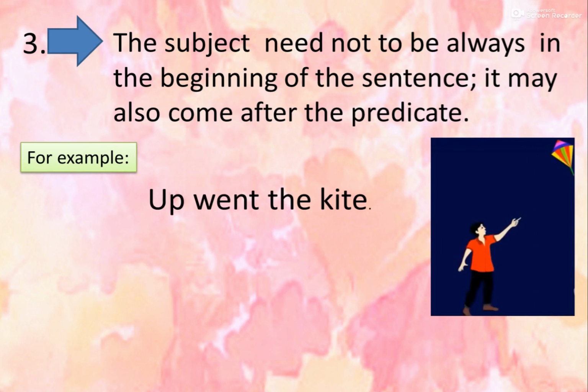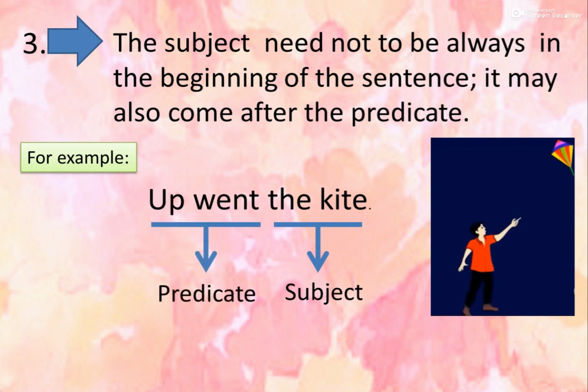Here the subject is the kite. We are talking about the kite, while the predicate is "up went." Did you see, children? The subject is not always in the beginning. It can be at the end also. So what are we talking about? We are talking about this kite. So the kite is the subject and "up went" is the predicate.